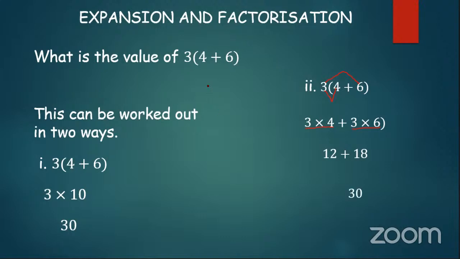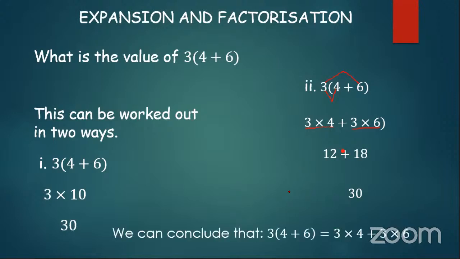So are we seeing that these methods are giving us the same answer? Yes. Since all these methods are giving us the same answer, we can conclude and say 3 times 4 plus 6 is the same as 3 times 4, and then 3 times 6.